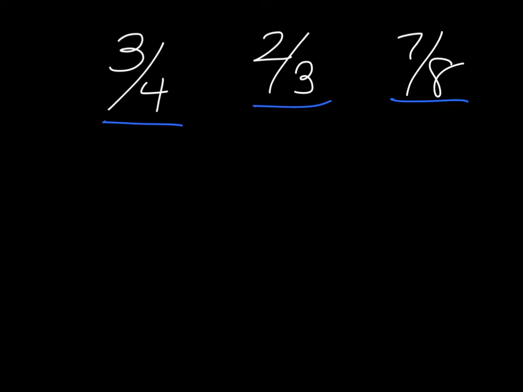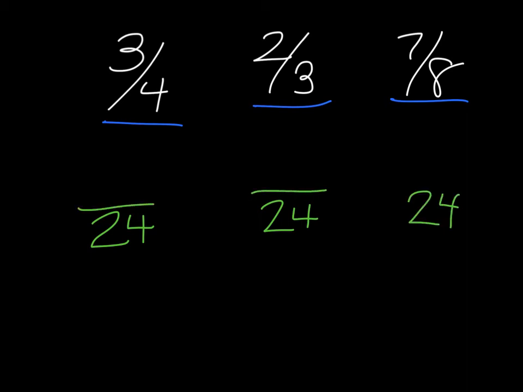So look in the 4 column, the 3 column, and the 8 column on your multiplication chart to see what number they all have in common. So if you've looked, you should be able to see that 24 is what they would have in common. All right, so 24 now is our new common denominator.